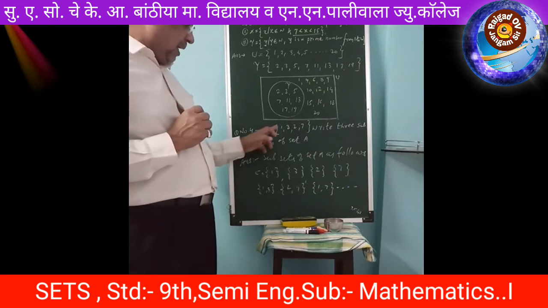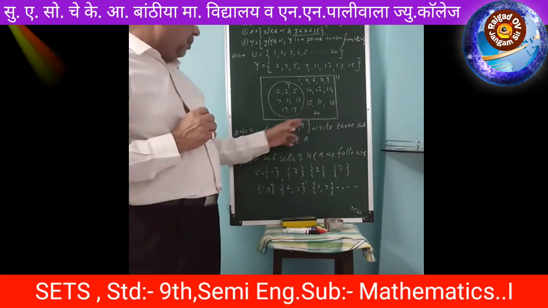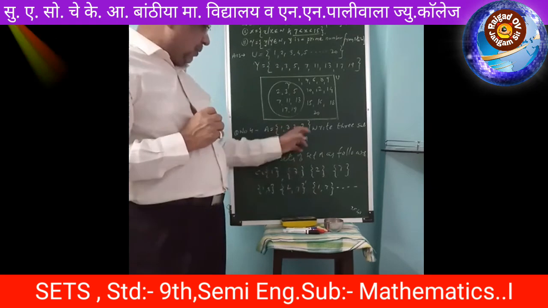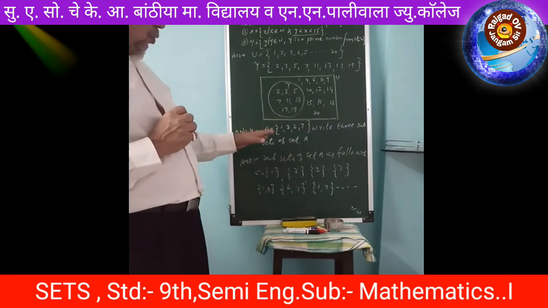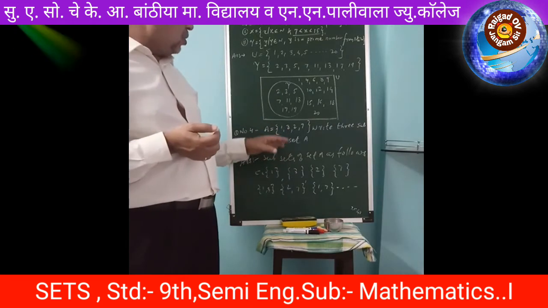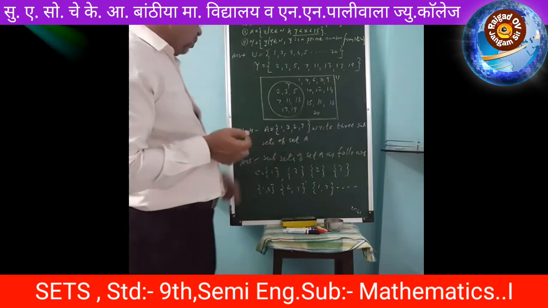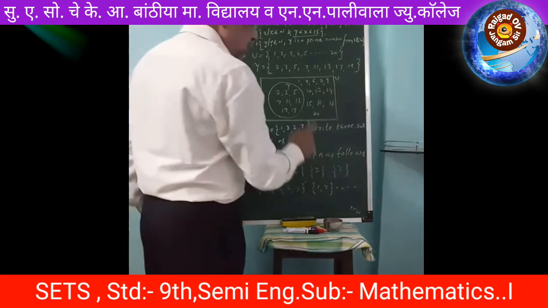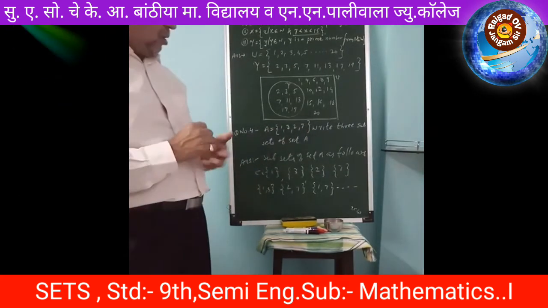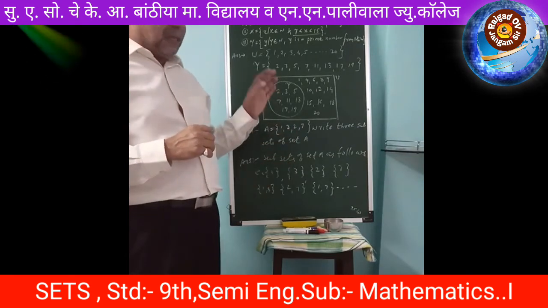Similarly 1 and 3, 2 elements are present here. 2 and 7 are present here. 1 and 7 are also present here. So in this way you can write down so many subsets of set A, but you are asked only 3 subsets. So you can write 1, 2, 3 only in the examination, not more than that. So these are the subsets of set A.